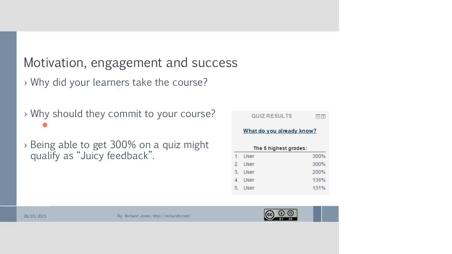This is a CBM quiz, a certainty-based marking quiz. So if you get the answer right and you're 100% certain that it was right, your score for that particular question is tripled. So you can get more than 100% on your quiz, which again is something you actually want to point out to people before you run it, or before you show.